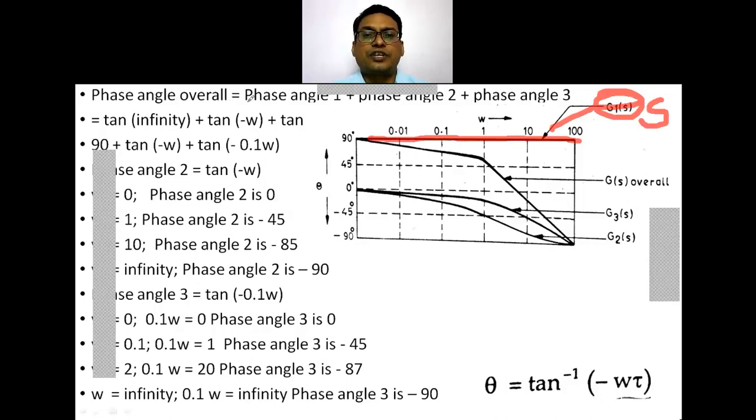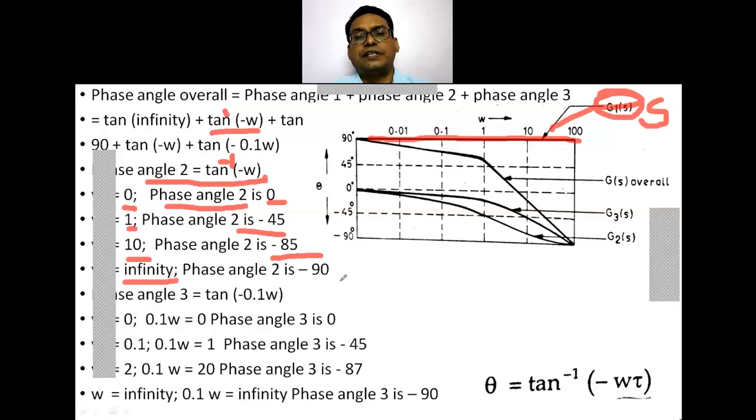The next transfer function is tan inverse of minus omega, which is the theta value. So calculating tan inverse of minus omega, when omega is equal to 0, phase angle 2 becomes 0. Substituting omega equal to 1, the phase angle is minus 45. Omega equal to 10, the phase angle is minus 85. Omega equal to infinity, the phase angle is minus 90.